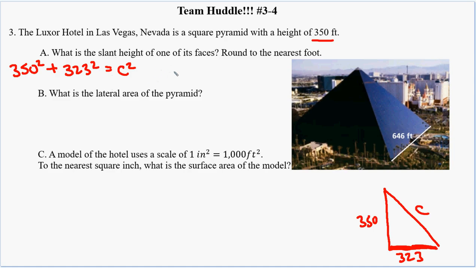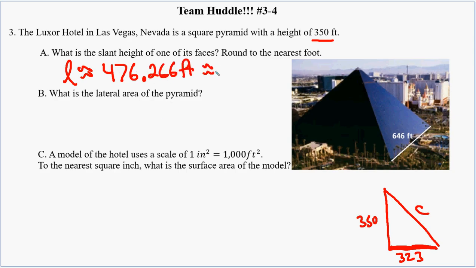So what we should have got here, our C squared, I guess we could have called it L squared, was going to be 226,829. And then we're going to take the square root of that, and we get about L is approximately 476.266 feet. And let's just round that off to a nice 476. We can go to the nearest foot in this one.